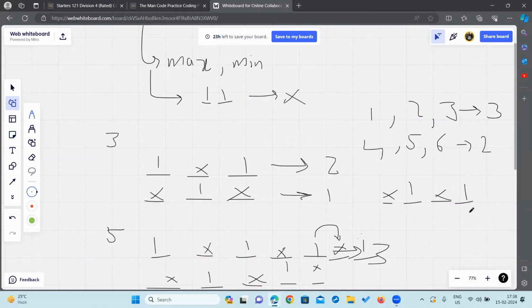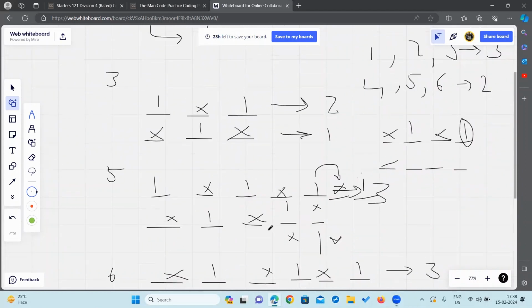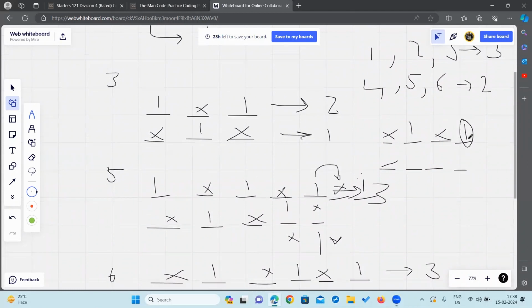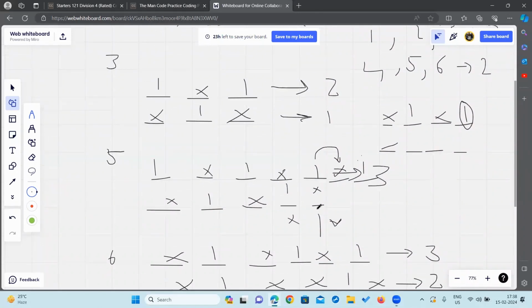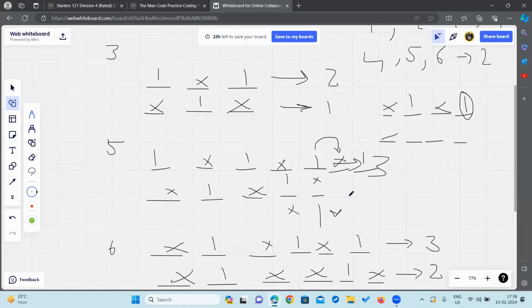And 5 and 6 are nothing but just changing the position of this one. For 5, I don't change the position of this one, or it can be changed as well.